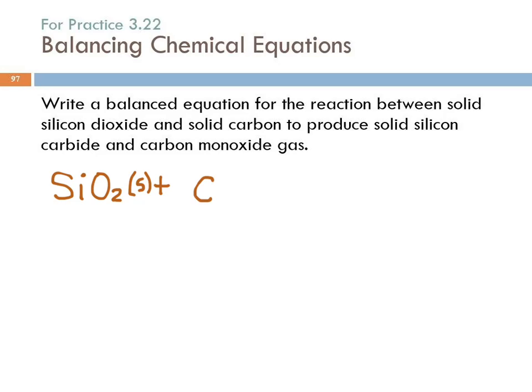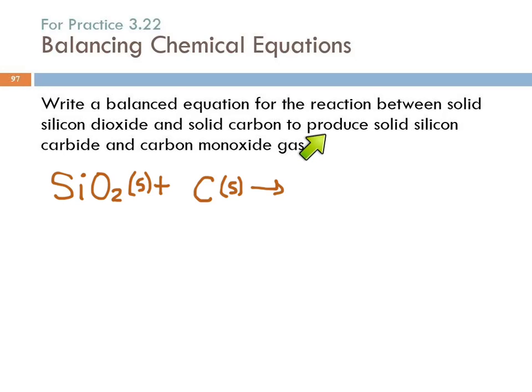Is carbon a diatomic element? No. Horses need oats for clear brown eyes. So it's not. So it'll just be C. And that's a solid. And then we put an arrow. Notice I'm leaving some space here for a coefficient.